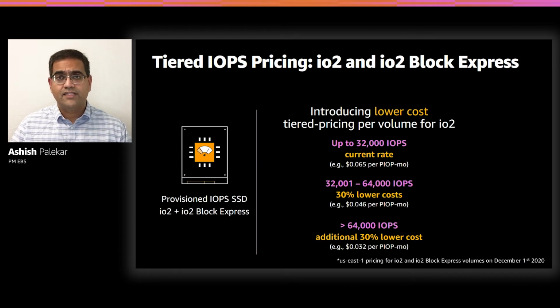And then greater than 64,000, we dropped it another 30% to get you 0.032 per provisioned IOPS-month. In other words, we are making it more cost effective for our customers to have high performance workloads on IO2 and IO2 Block Express, and we love bringing that savings to our customers.